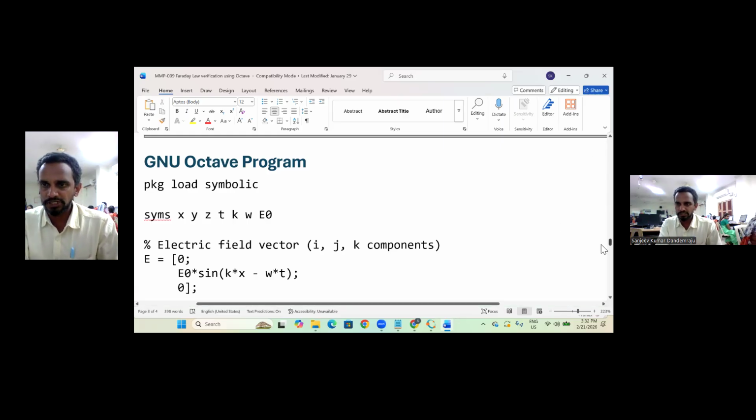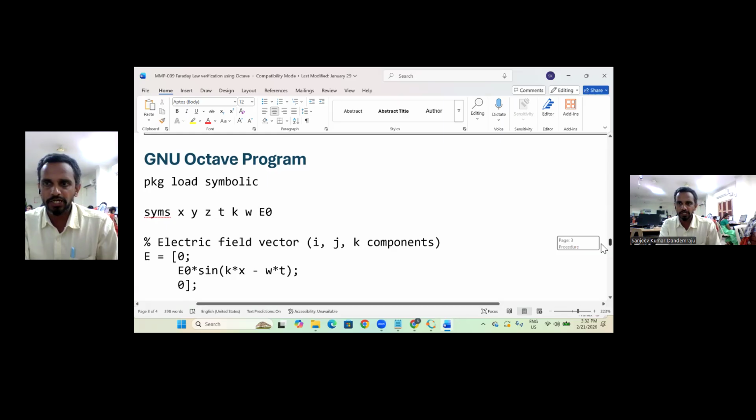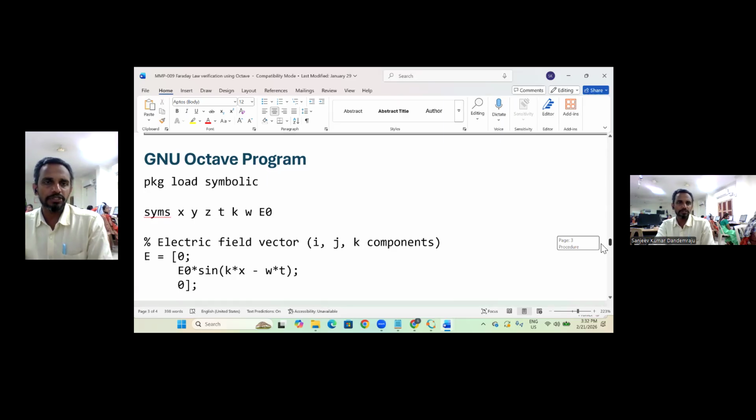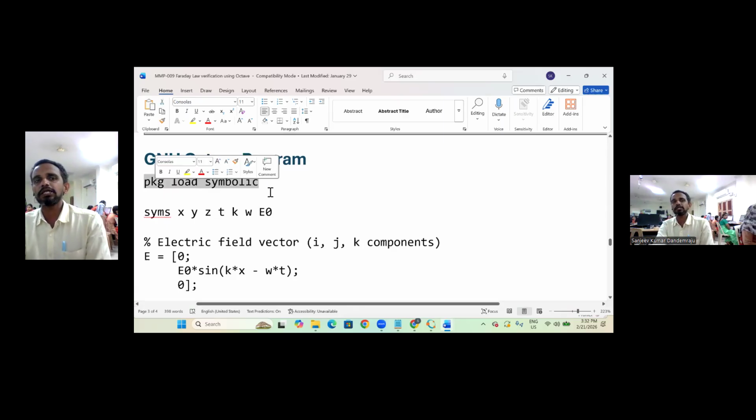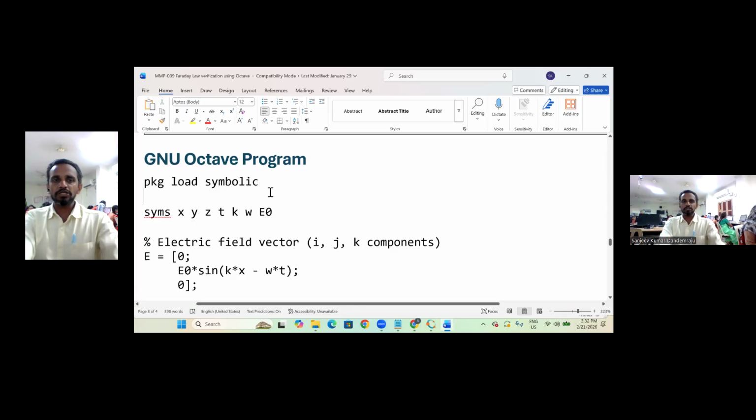All our integration and differentiation can be performed on textual variables instead of numbers, so it is called symbolic calculation. For that we need a symbolic package, so load symbolic. Symbolic calculations require this additional package.